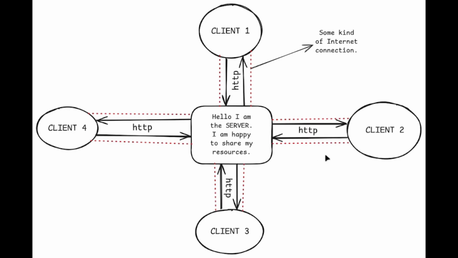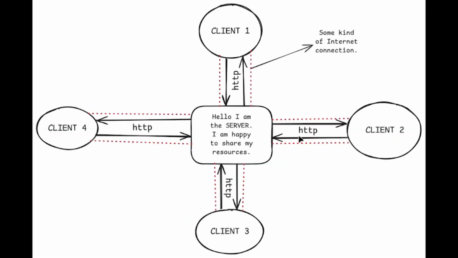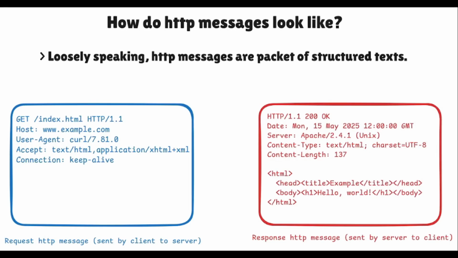And what are these HTTP messages? Let us see. HTTP messages are packet structured texts. This means the client sends to the server a structured text packet, and in return the server does the same. HTTP messages come in two flavors.